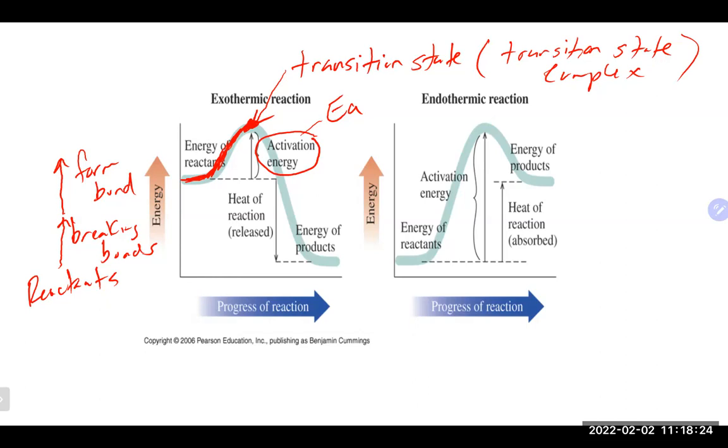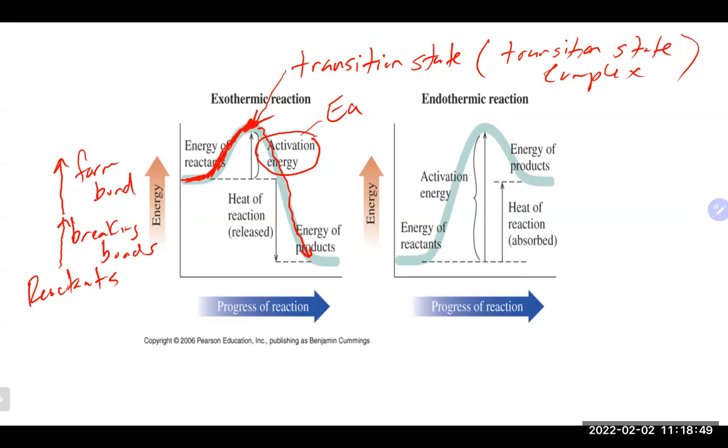Because it's the peak of the energy and the highest point you can get, it's not going to hang around a very long time. It wants to drop down the other side relatively quickly to make those products, because it's in a state of really high energy and it doesn't want to be there. So usually very quickly, it will drop back down into our products.